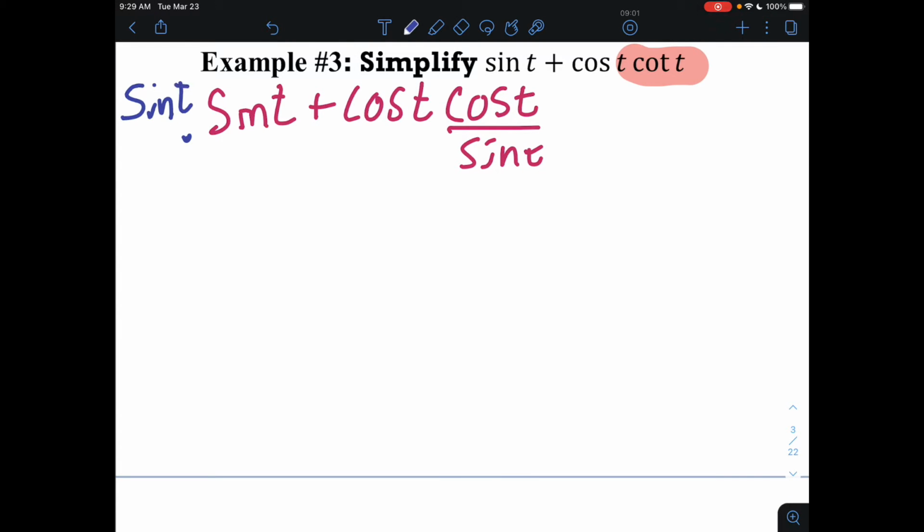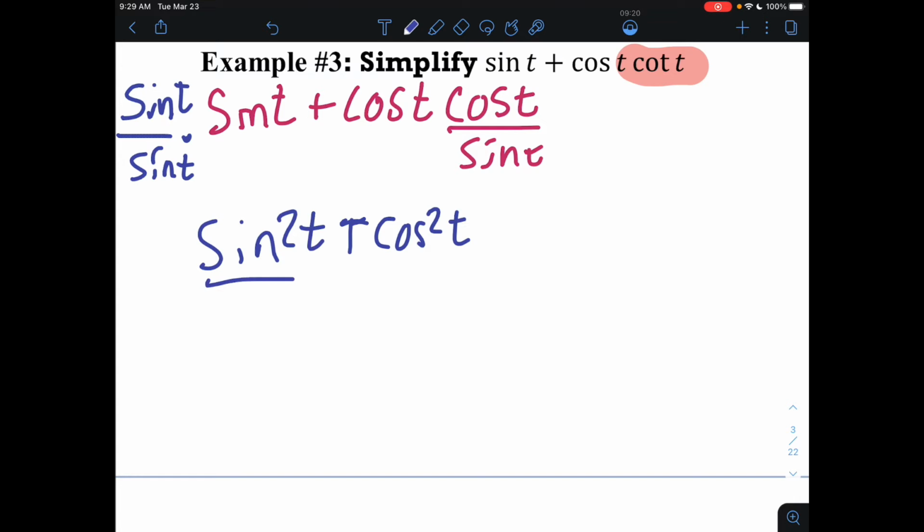denominator. So we're going to get a common denominator by multiplying the left-hand side by sine over sine. So now we have sine squared of t plus cosine squared of t, all over sine of t, your common denominator.